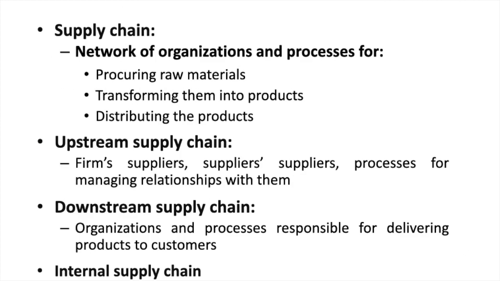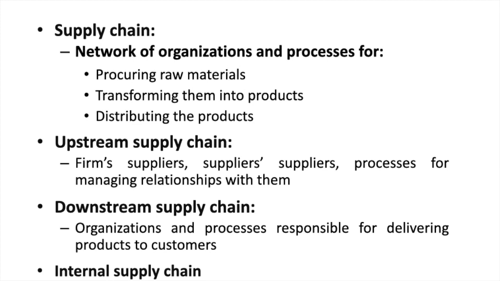Next, I'm going to explain supply chain in the management information system. Supply chain in the management information system consists of a network of organizations and processes, and they will also analyze and procure raw material, understand and transform the raw material into product, and then distribute the product.